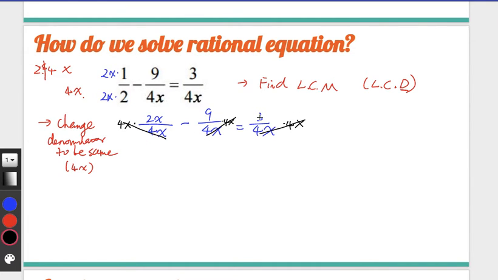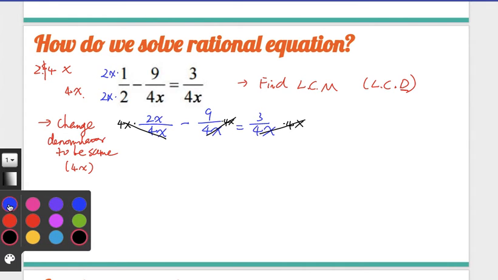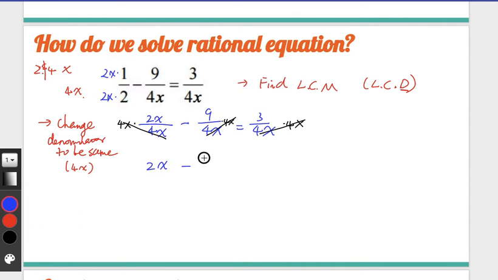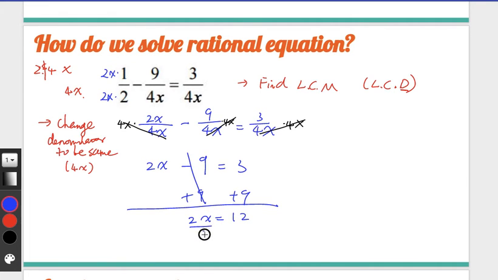That's why we need to use the same denominator, because in that case, it will be gone. Now the equation becomes 2x minus 9 equals 3. See, I don't have fractions anymore, and now I just solve the equation the regular way. Plus 9, cancel, 2x equals 12, x is 6.